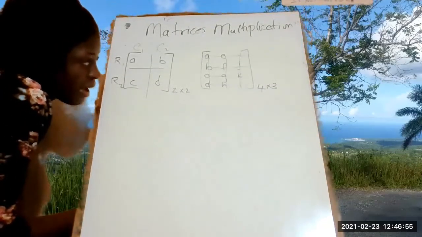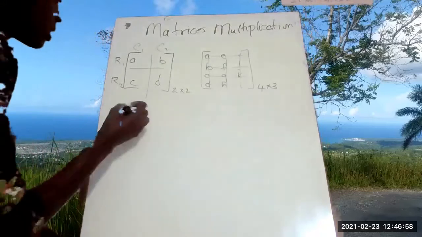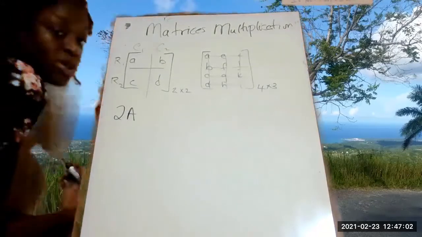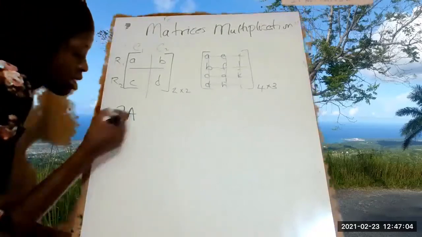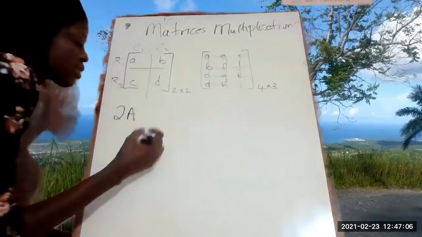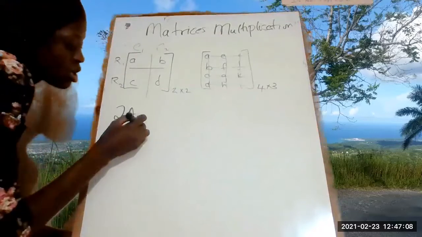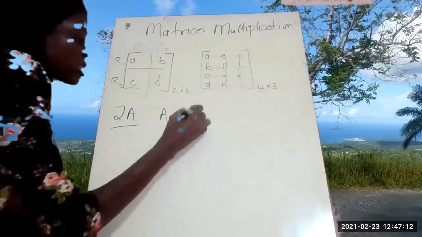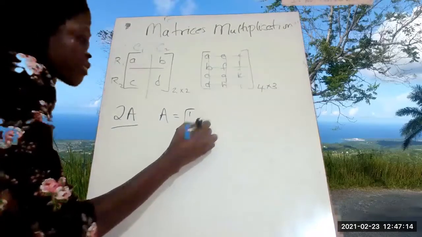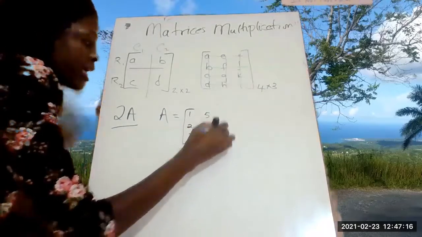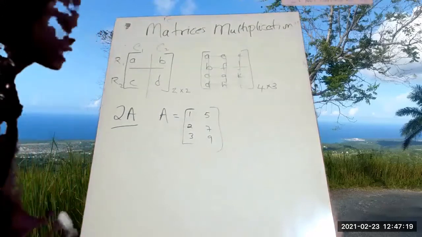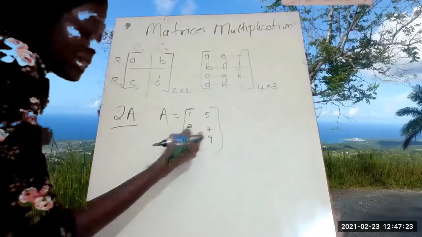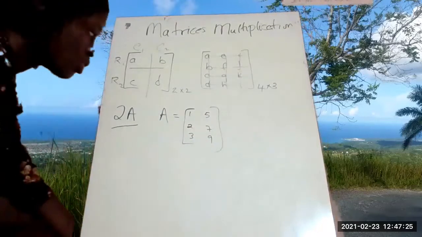No. And remember that for scalar multiplication, that is when you're multiplying a matrix by a scalar, the scalar is just a number. So if I'm asking you to find 2A and the matrix A is 1, 2, 3, 5, 7, 9, then 2A would mean that you're multiplying each element in A by 2.